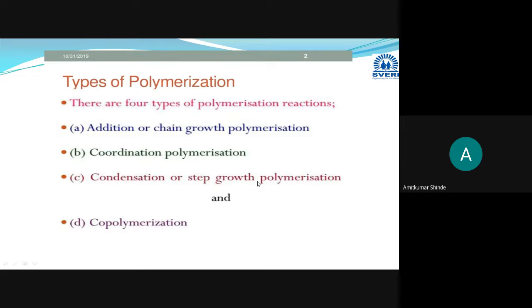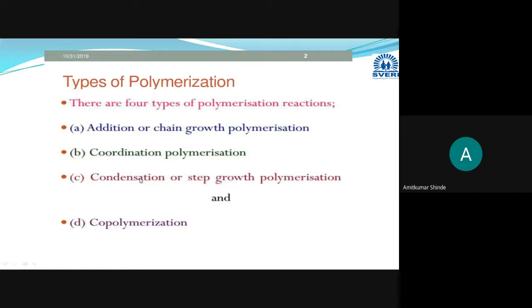Extra two types have been mentioned in some books: coordination polymerization and copolymerization. Basic two types will be there, addition or chain and condensation or step, and the extra two are coordination polymerization and copolymerization. In short, you can say that four types of polymerization are there: addition, coordination, condensation, and copolymerization.